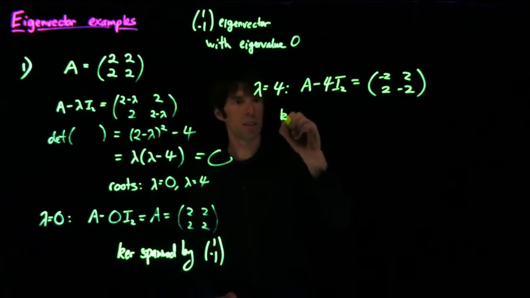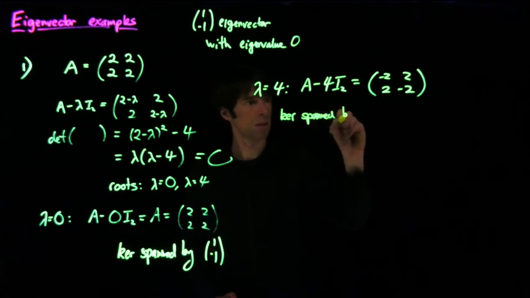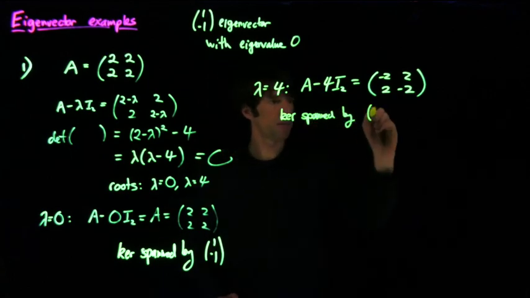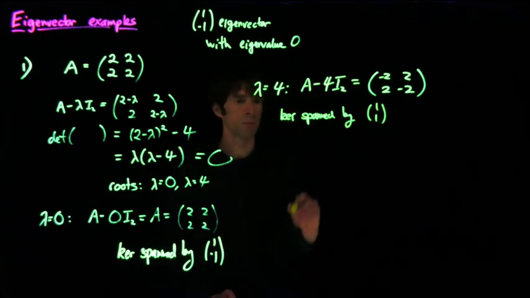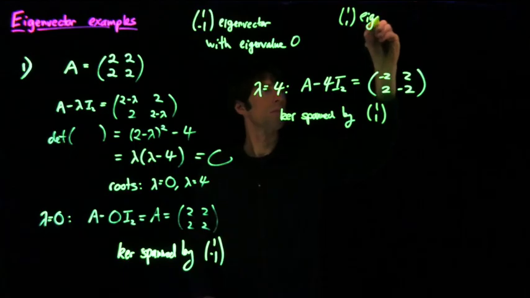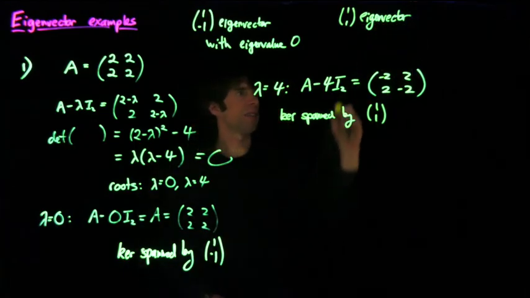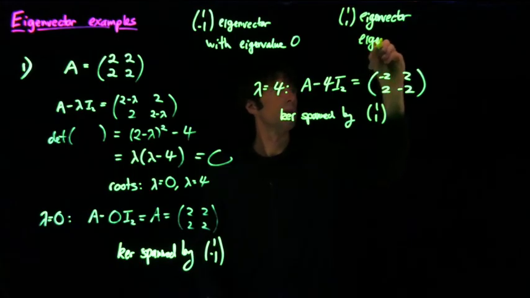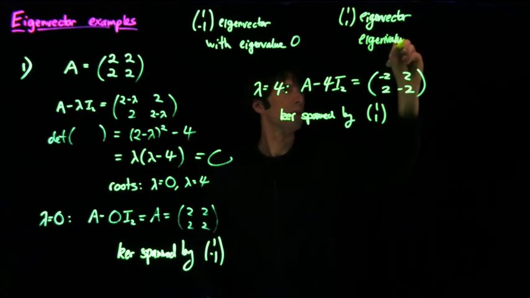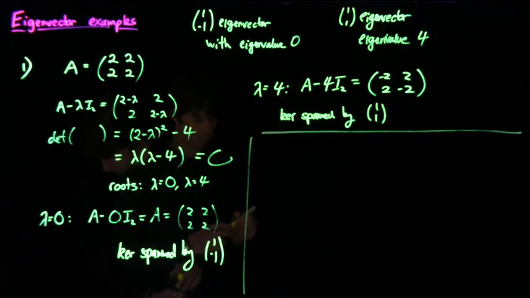So in this case, the kernel is spanned by the vector 1, 1. So 1, 1 is the eigenvector, and the eigenvalue in this case is 4.